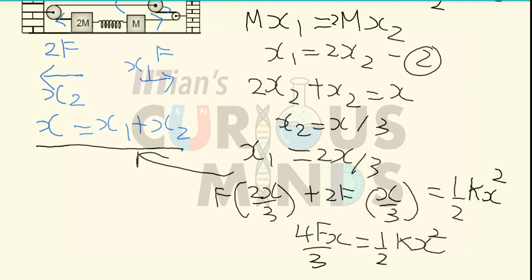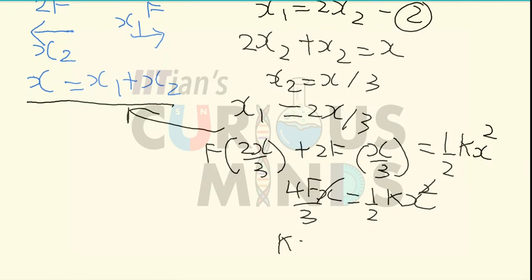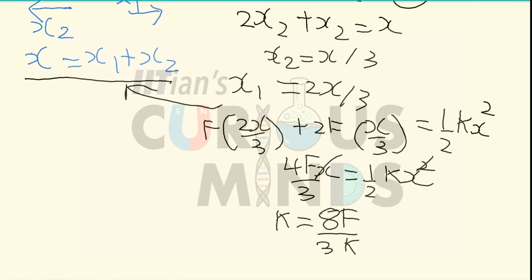So x square and x will get cancelled out over here, and x will be equal to 8F divided by 3k. This will be the extension produced in the spring.